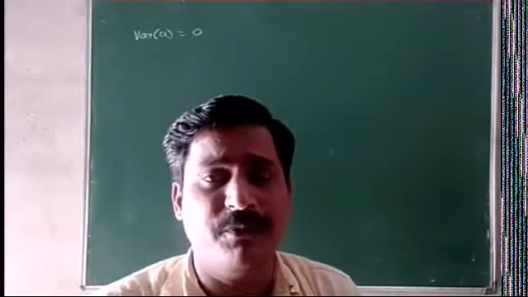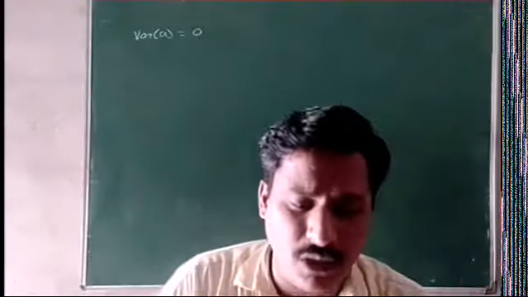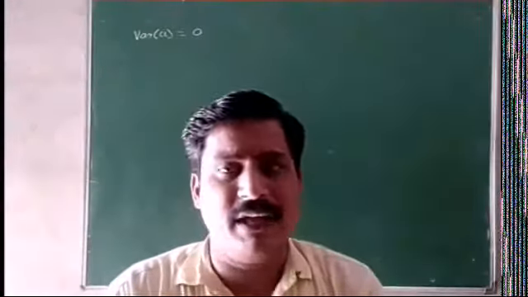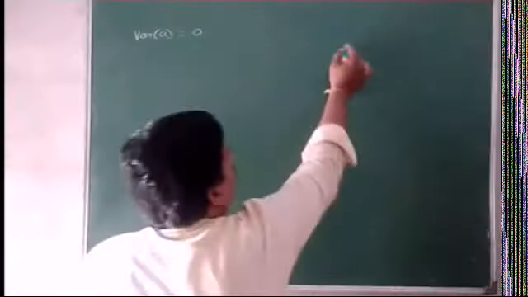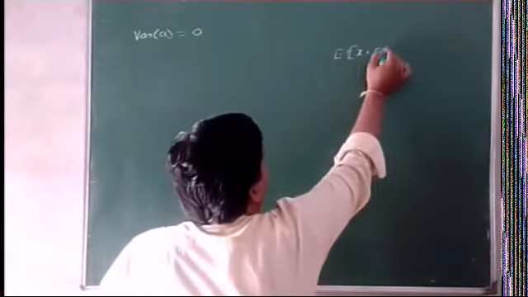So before that, what is the formula of variance of X? For the calculation of variance of X, we have two formulas. One is E of X minus E of X whole square, that is E of X minus E of X whole square.